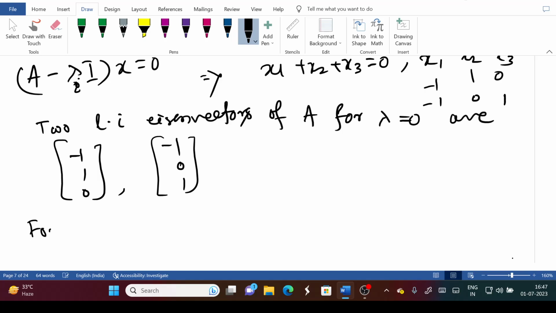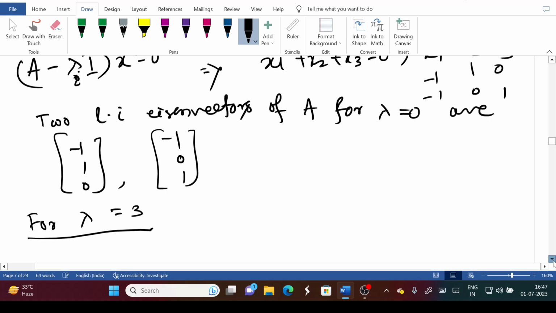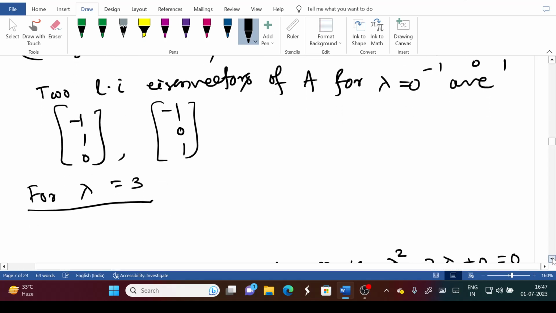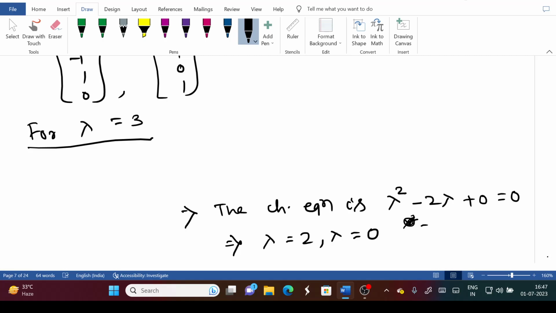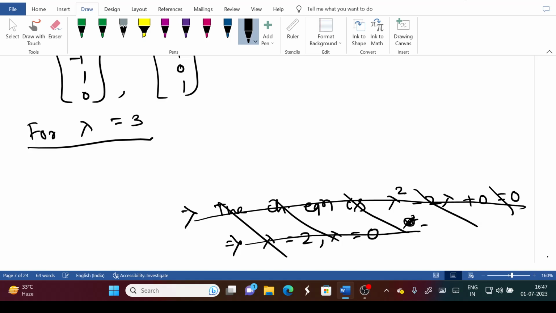Okay, for lambda equal to 3, what will be the eigenvector? Lambda equal to 3 means the matrix is [minus 2, 1, 1; 1, minus 2, 1; 1, 1, minus 2].